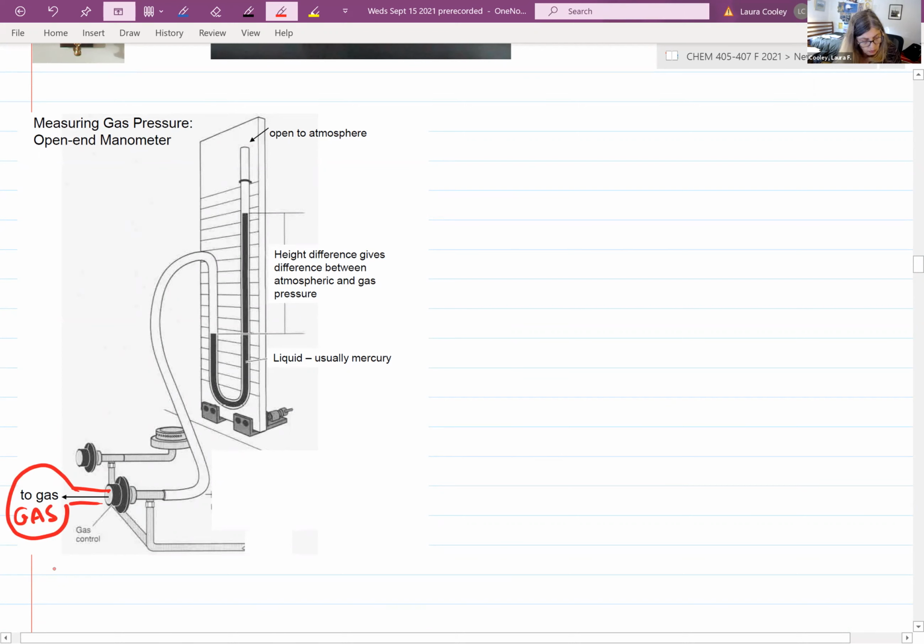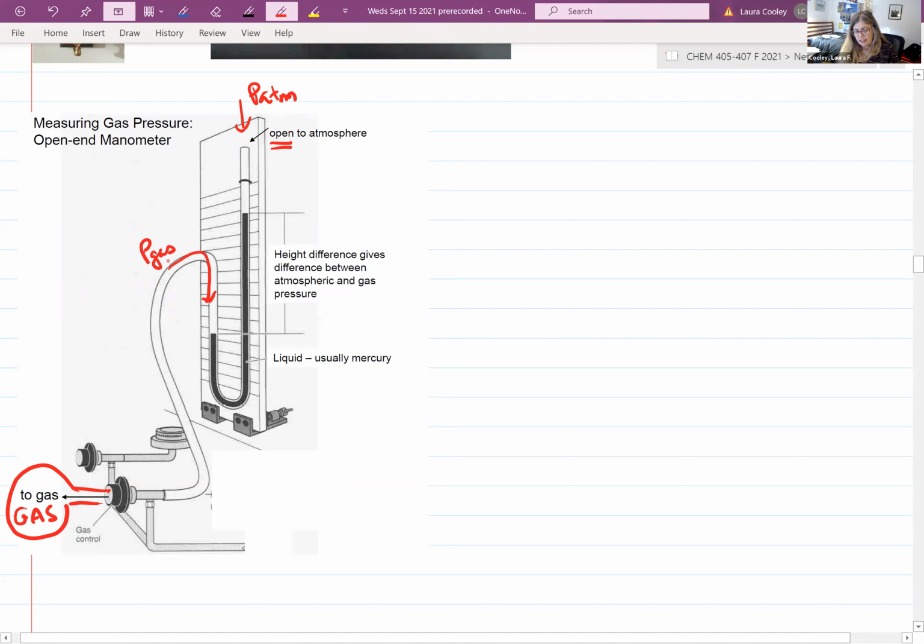So how do you measure the pressure of the gas in the gas sample that's hooked up to a manometer? Looking at this situation, you've got the atmosphere pushing down on one side. Remember, this is open, so it's atmospheric pressure pushing on that side. But on this side, it's the pressure of the gas pushing down.